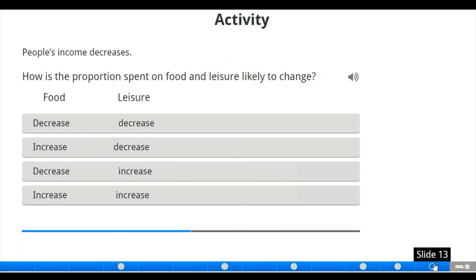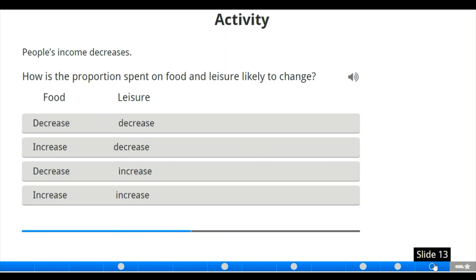Moving to the next slide, we also have an activity here. It's also one of your past questions. People's income decreases. How is the proportion spent on food and leisure likely to change?